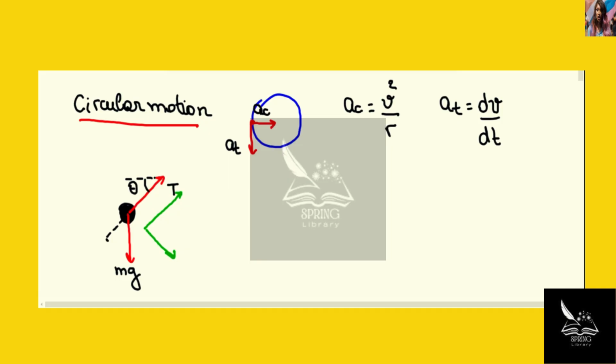Now notice that this angle here is also theta. So in the centripetal component, which I'm going to call R, we have T minus mg times the sine of theta, and this is equal to m times the centripetal acceleration, which is v squared over r.